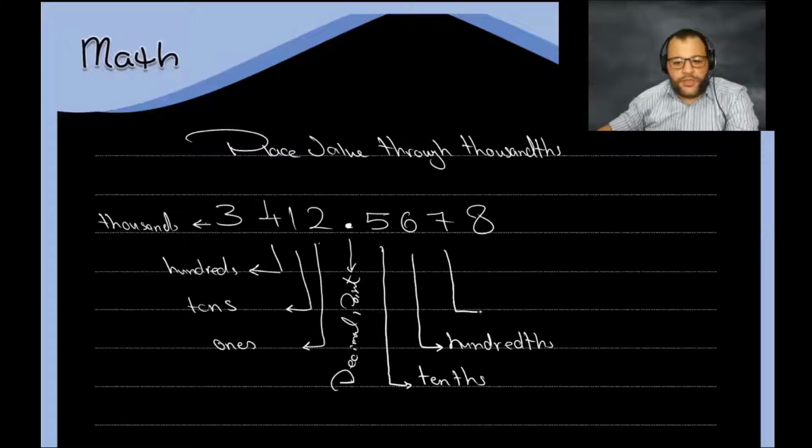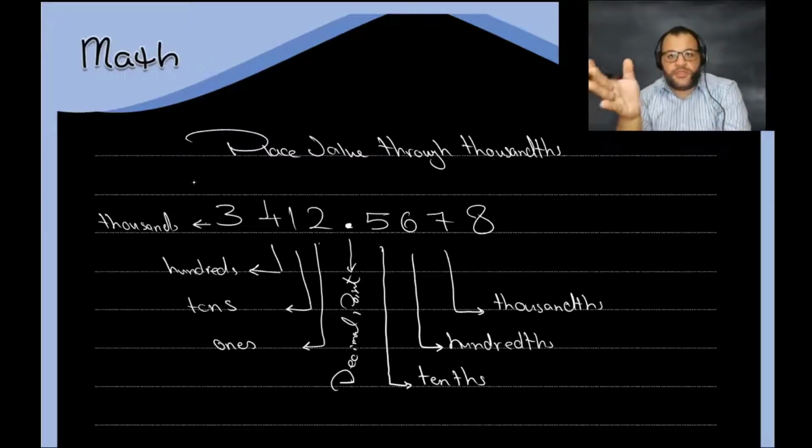The next one is? After thousand, what is the digit? If we have here like 1 before 3, its place value would be? Ten thousand. At the first we have ones, tens, hundreds, thousands, ten thousands, hundred thousands, million, ten million, hundred million.